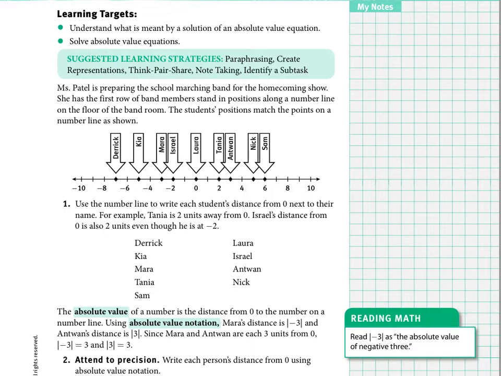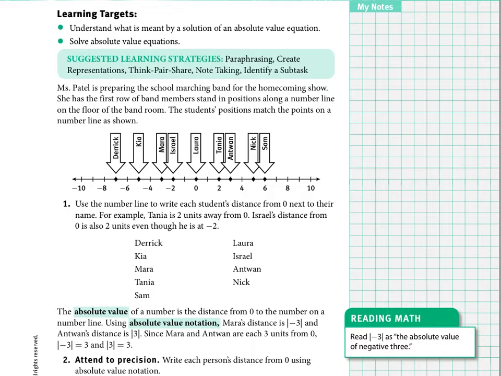So you see Derek there is at -7, Kia is at -5, Mara is at -3, Israel is at -2, Laura is on 0, Tanya is on 2, Antoine is on 3, Nick is on 5, and Sam is on 6. Number 1 says use the number line to write each student's distance from 0 next to their name.